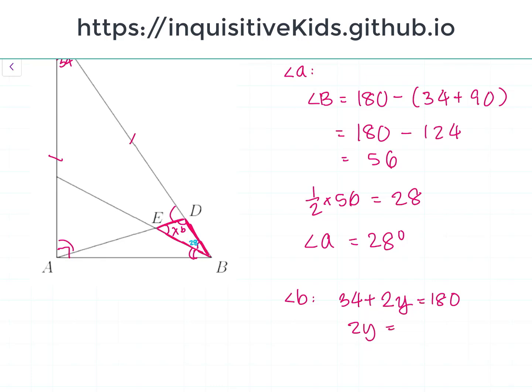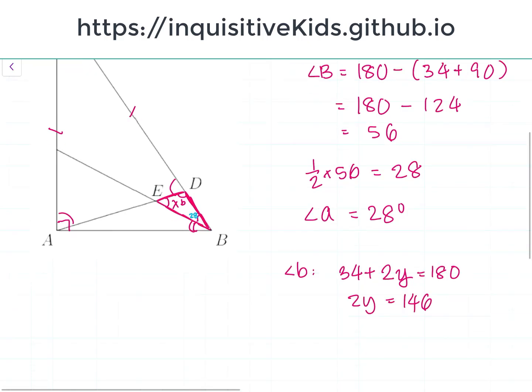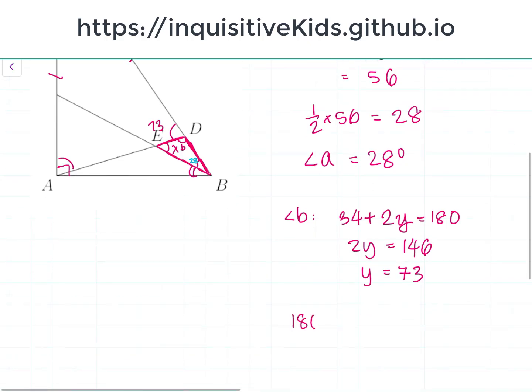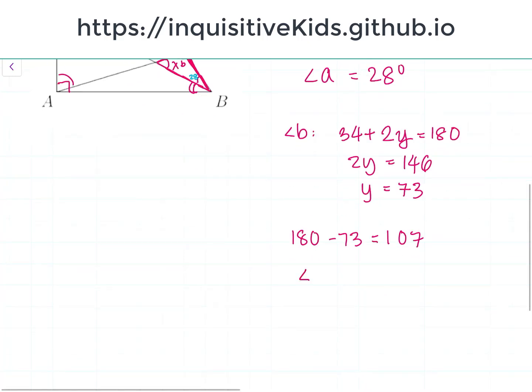Therefore, 2y is equal to 146 degrees. Therefore, y is equal to 73 degrees. So if this is equal to 73 degrees, then all we have to do is subtract that from 180 degrees. 180 minus 73 is equal to 107. This means that angle B is equal to 107 degrees.